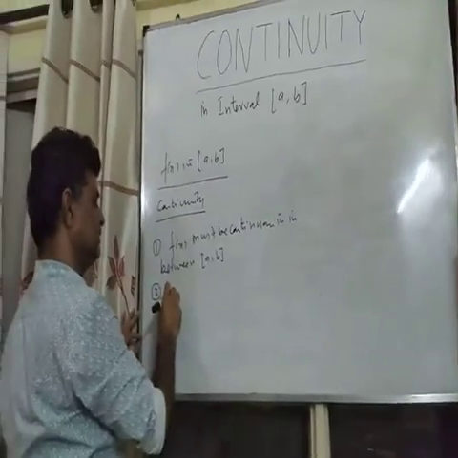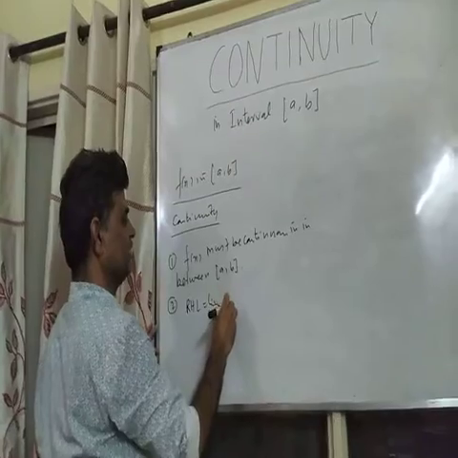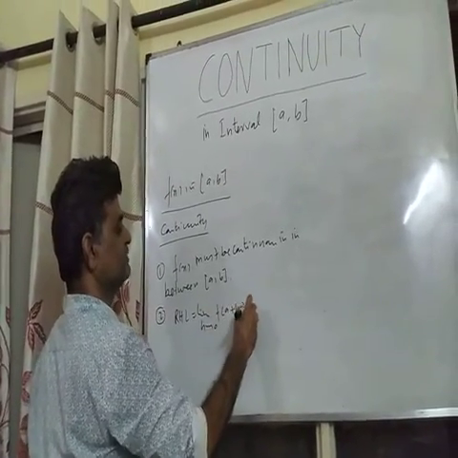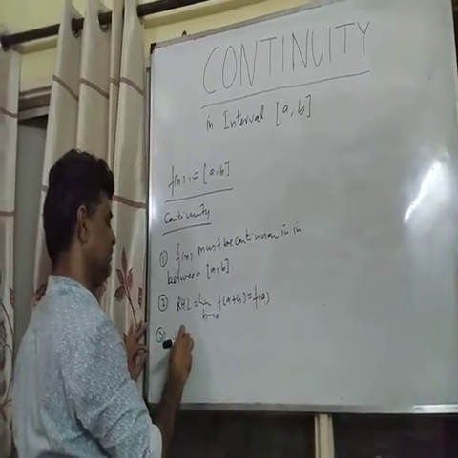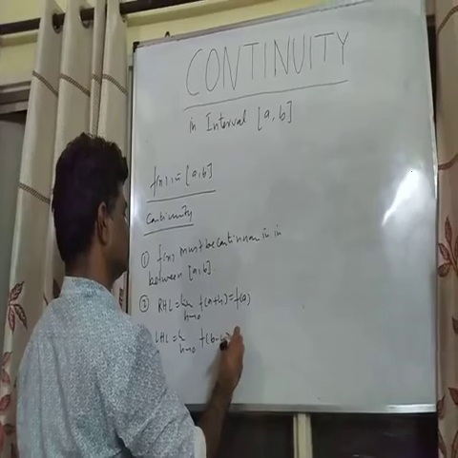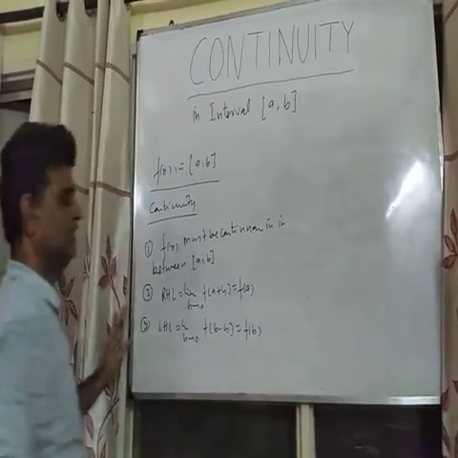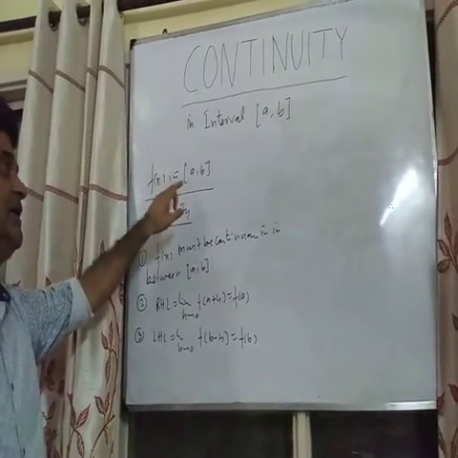Second, the right hand limit as h tends to 0, f of a plus h must be equal to f(a). Third, the left hand limit as h tends to 0, f of b minus h should be equal to f(b). If this is so, we can say that the function is continuous in the closed interval a and b.